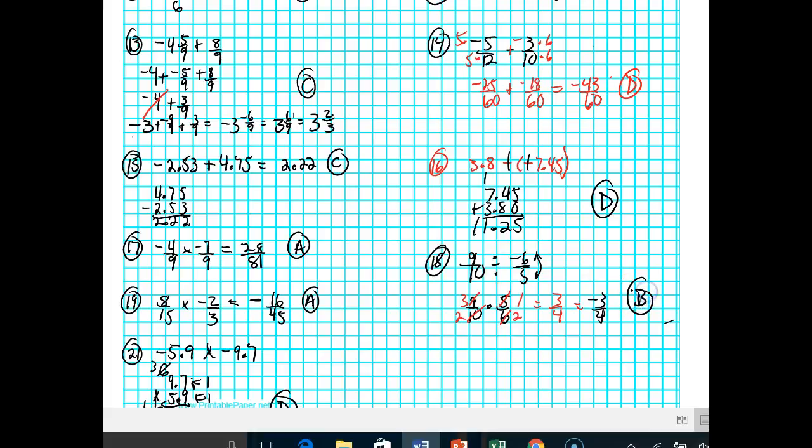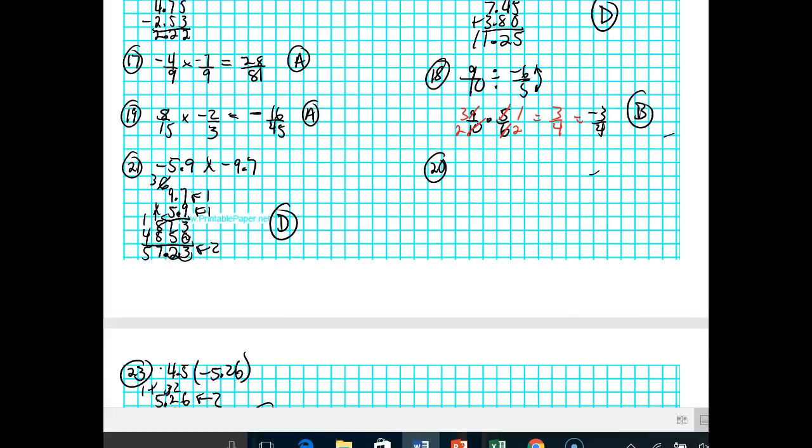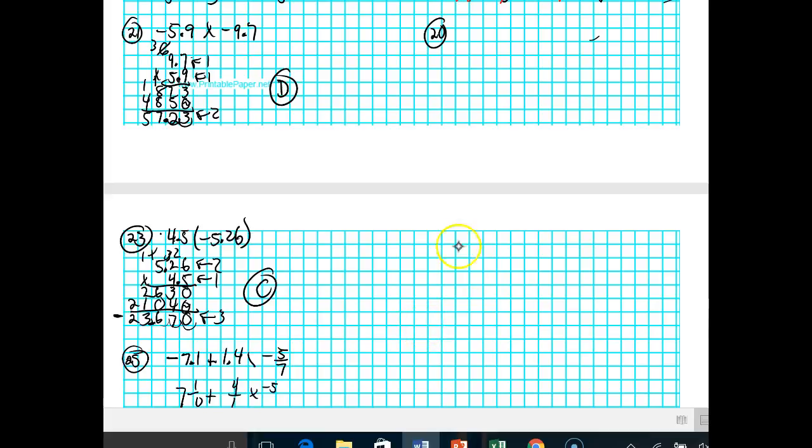All right, so call me if you have any other questions on the evens, which I did not do. 20 is a division problem that you should flip. In fact, I will set up 22 for you because it is a little bit tricky. So this should be on the back side. 22. So we got 6.4 divided by 3.2. So 3.2 into 6.4.